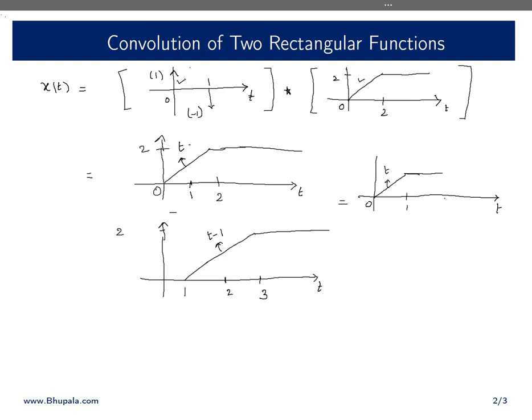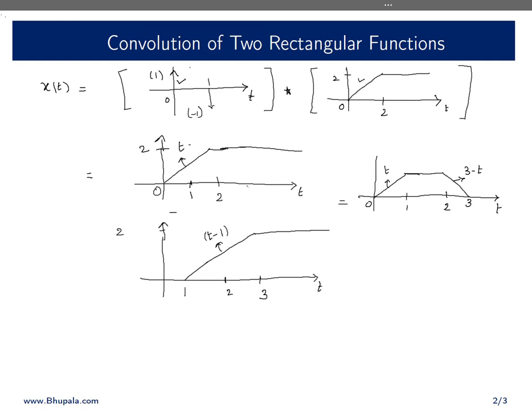Then from 2 to 3, the equation of this function is 2, and the equation of this function is t minus 1. Hence we have 2 minus (t minus 1), which equals 3 minus t, which has a negative slope, and it continues like this up to 3.